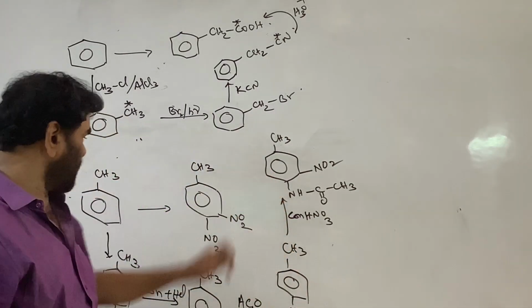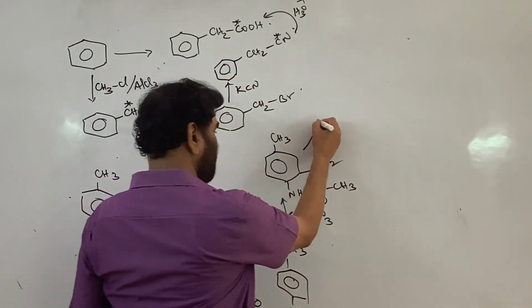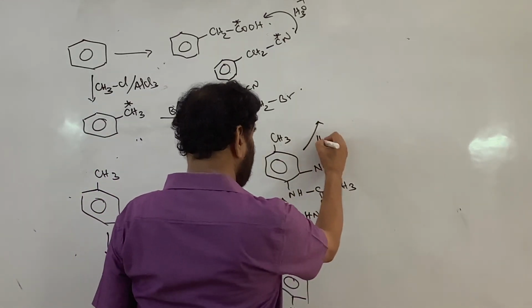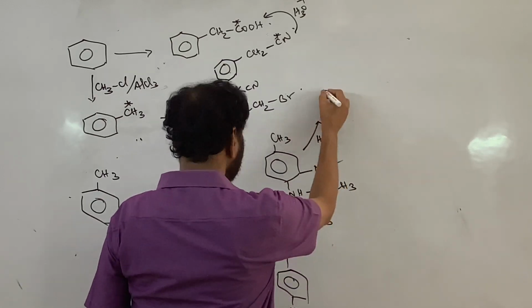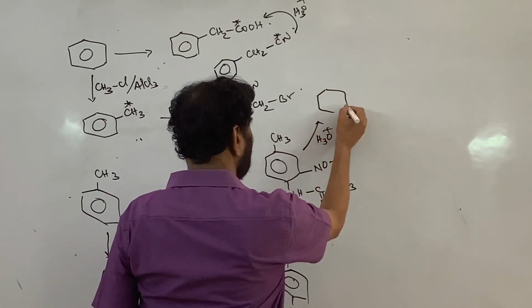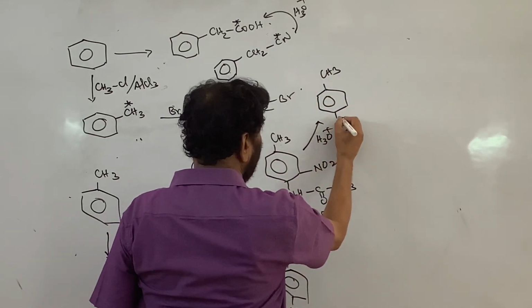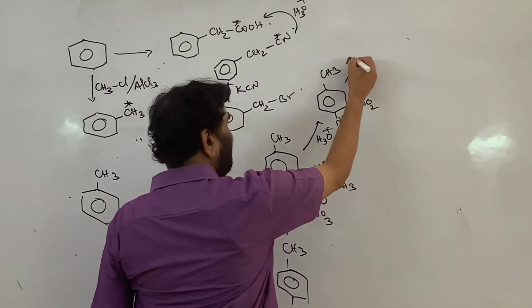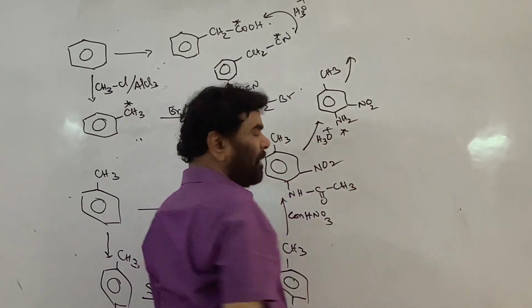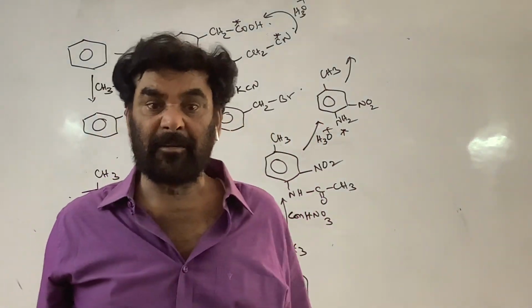Now, two more things are left: H3O plus. That is the NH2 group, the NO2 group. This should be the nitro group. Amine group can be converted, primary amine can be converted into nitro.